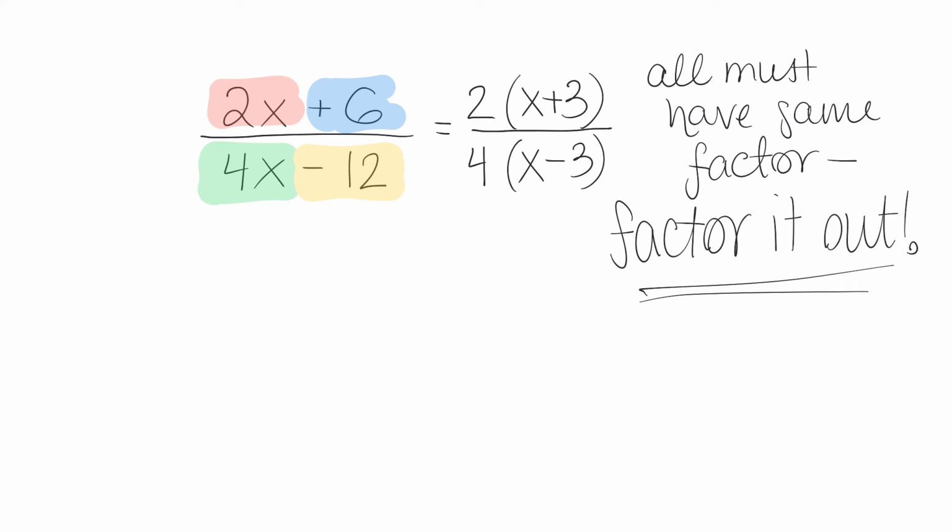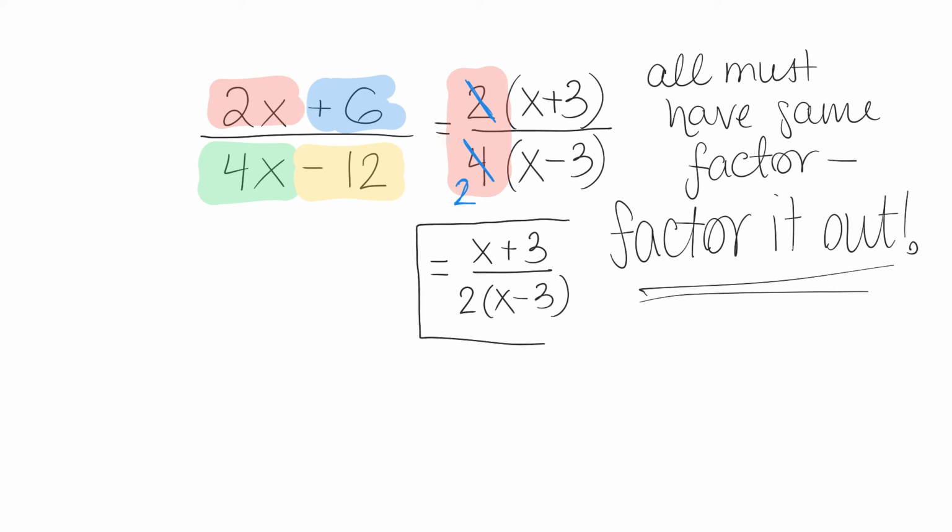So now that these two are factored out, I can look at this. Because they're multiplying, they are not separated by addition. I can look at those and say, well, 2/4 is the same as 1/2. So that 2 cancels, and this is a 2, right? So then my final simplified answer is x plus 3 in the top and a 2 times x minus 3.